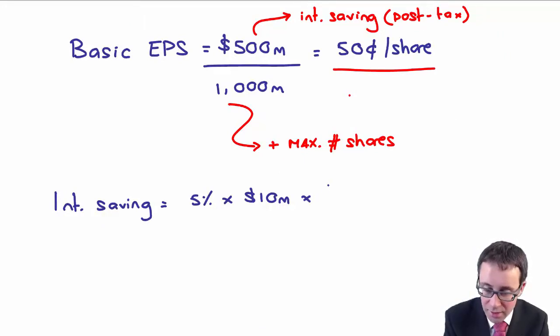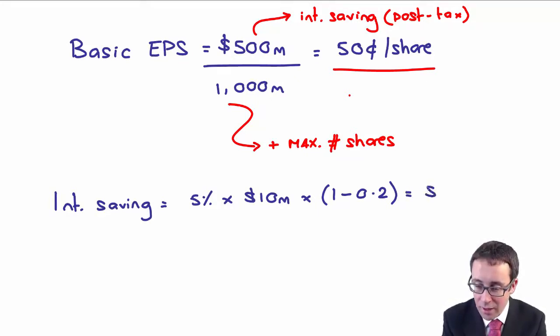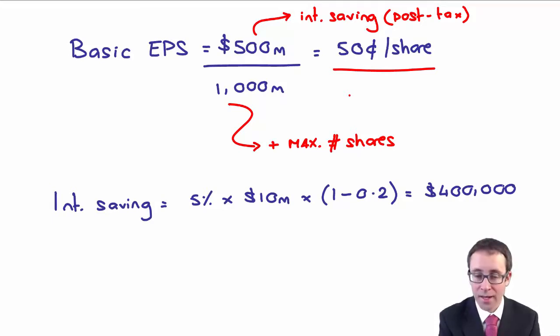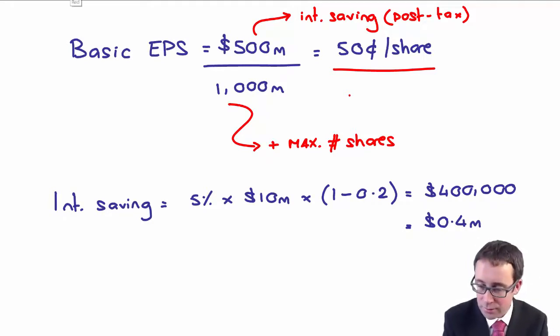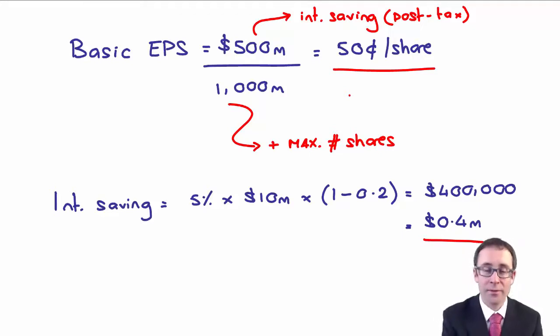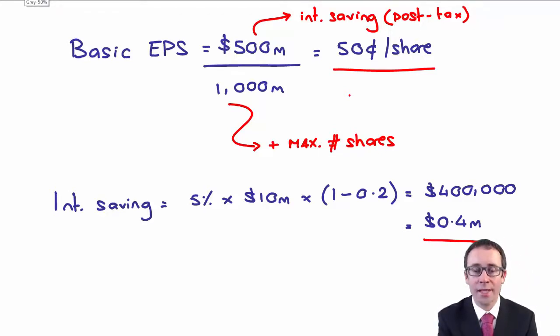So to get the post-tax figure, you multiply by 1 less 0.2. If you tap that into your calculator, you end up with $400,000. Putting that into millions, that is $0.4 million. Everybody happy with that? Okay, yeah.